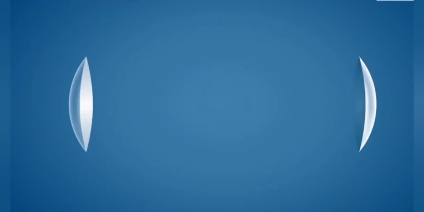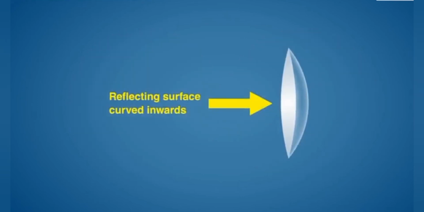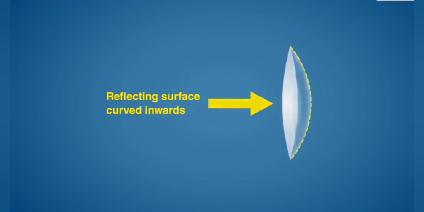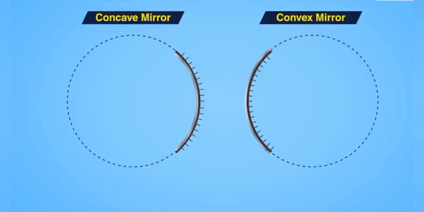Do you know why? They are known as spherical mirrors because they are always a part of a bigger imaginary sphere. A concave mirror has its reflecting surface curved inwards. On the other hand, a convex mirror has its reflecting surface curved outwards. Let us represent the sphere that the mirror is a part of using its cross-section, that is, a circle.